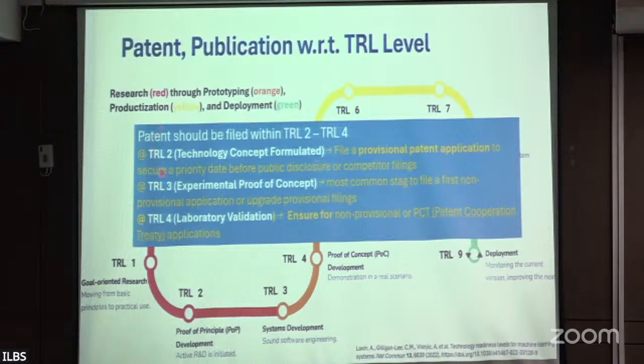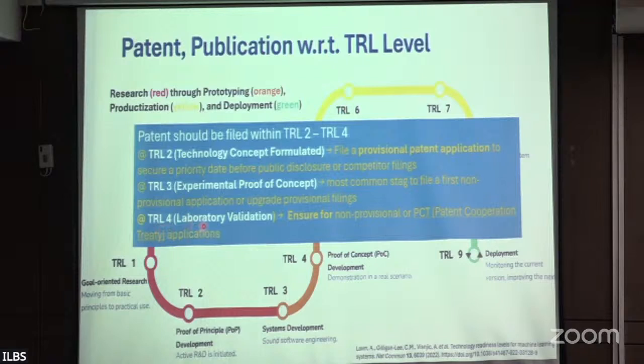So a patent should be filed provisionally, it can be filed at TRL level 2 when the concept is formulated itself. Nothing is done, only the concept is there, you can file if it is a really innovative concept. Then TRL3 is the examination of proof of concept. Here, when the system development part is at an infant level with some portion of data and we have a proof of concept, this can also be filed.